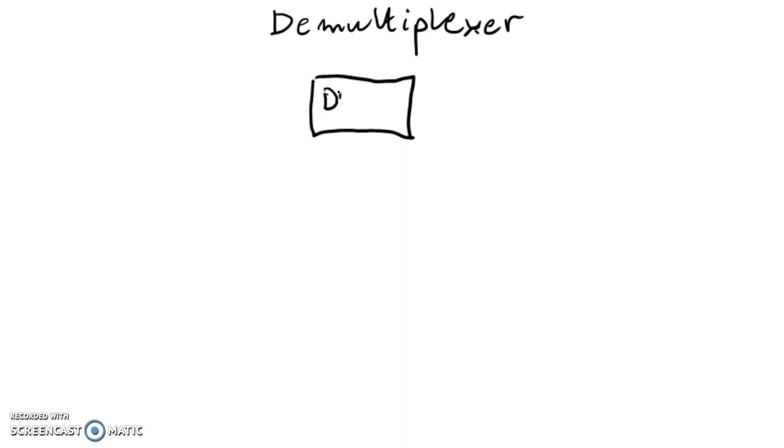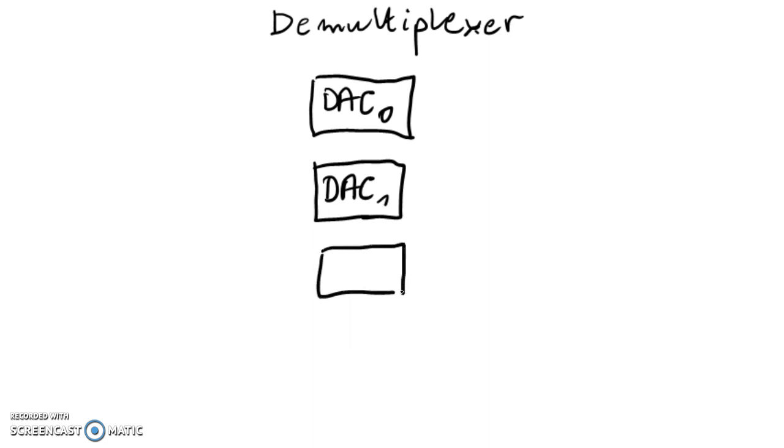Let's denote the first DAC 0, the second DAC 1, next DAC 2, and the next DAC 3. And let's suppose you'd like to do it on the fly, to hear the differences.